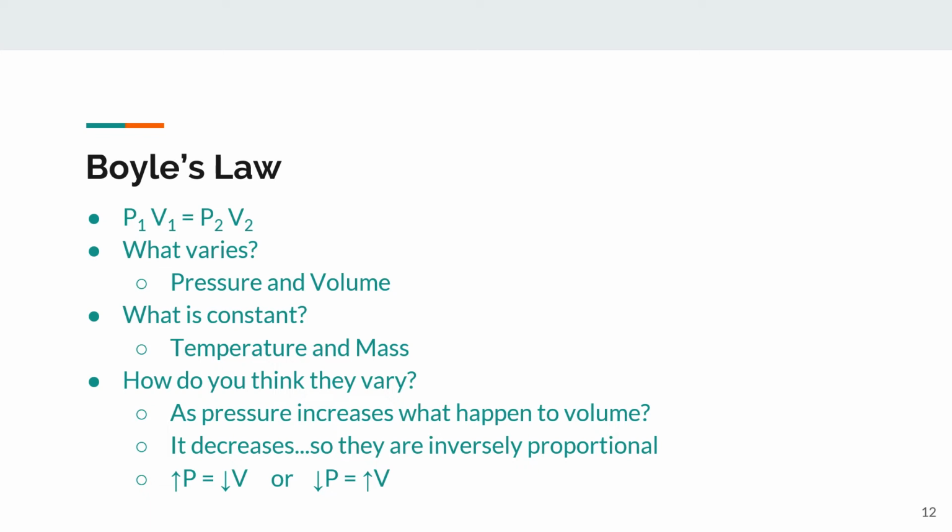Those are the two variables that vary. The way we read it is P1 V1, your before situation, equals P2 V2. You can look at that as a beginning and end type of scenario. Pressure and volume are what's going to vary, and your temperature and your mass are going to remain constant.